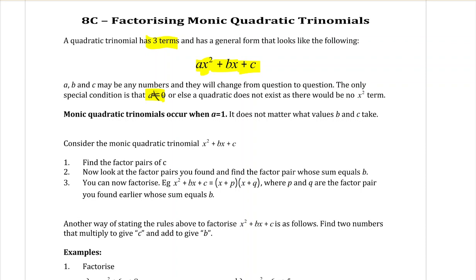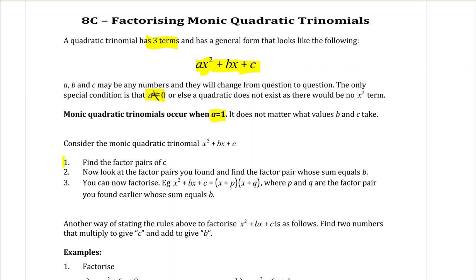A monic quadratic trinomial is the one we're focusing on today, and that is when A is equal to 1. So it means that there'll be just a 1x squared or just an x squared, which makes them a little bit easier to factorize. So it says, consider the monic trinomial x squared plus bx plus c, because we've gotten rid of that number in front of the x squared.